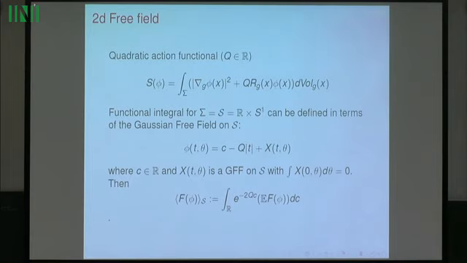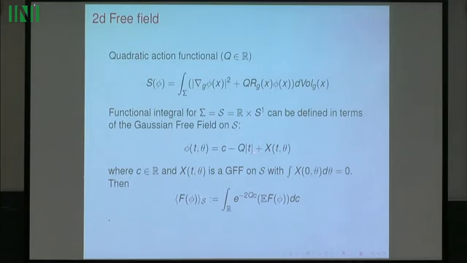And let's just see what the free field looks like in the two-dimensional situation. So we are going to construct the functional integral on the cylinder, which is the time times an angle. Okay. So this is done in terms of the Gaussian free field. The free field is slightly different from the Gaussian free field. The Gaussian free field is one aspect of it, but there is another aspect, which is the constant here.